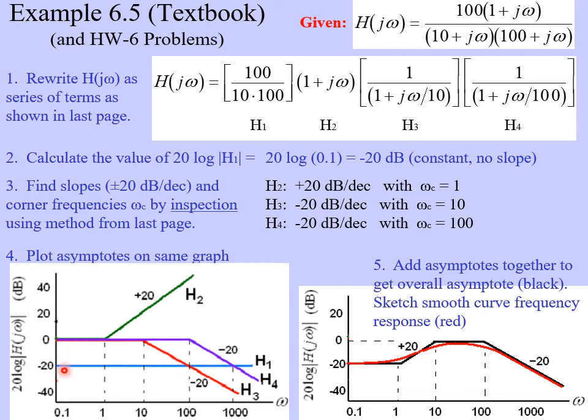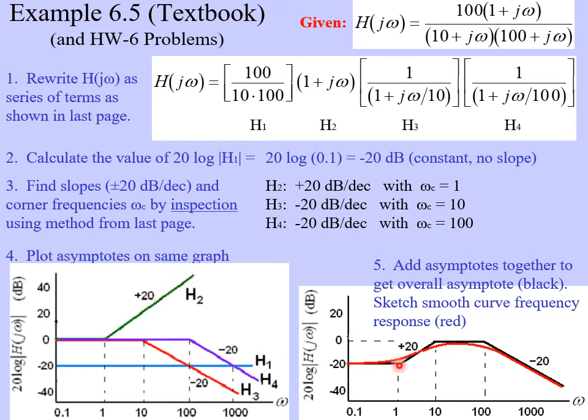Well, notice that between 0.1 and 1 radians per second, all of these are 0, and all I have is a -20 decibels. So that's going to be my graph here. It's going to be at -20 decibels. Once I get to this corner, I know that it has to start going up at a slope of 20 decibels per decade.